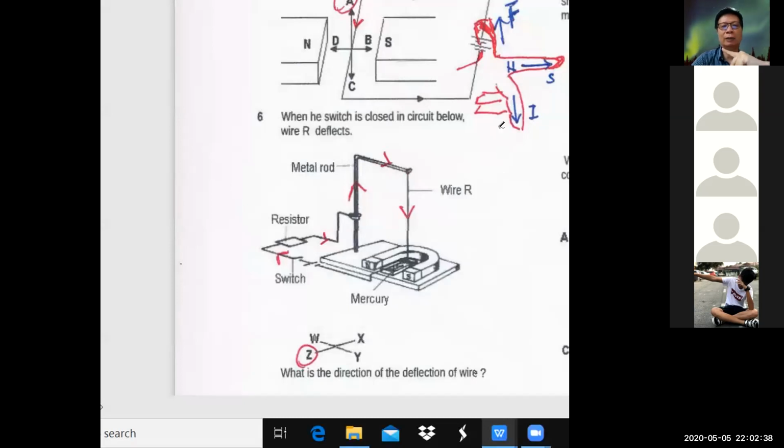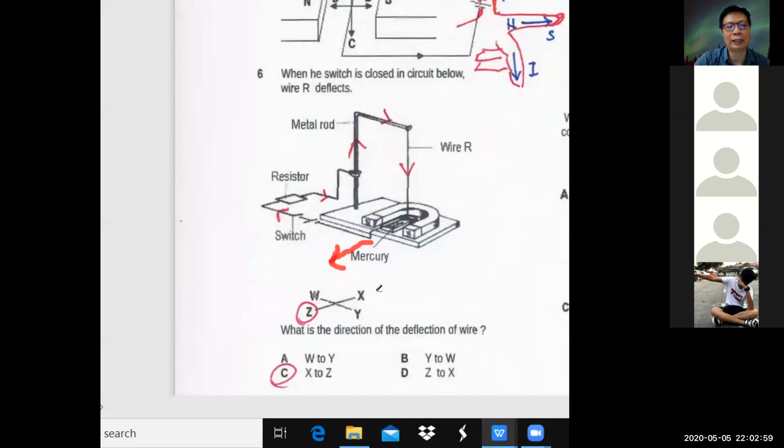You see your hand, not this diagram. Magnet north south, current goes down. Your thumb points outside here, this direction. So the answer is X to Z. Okay, from X to Z.